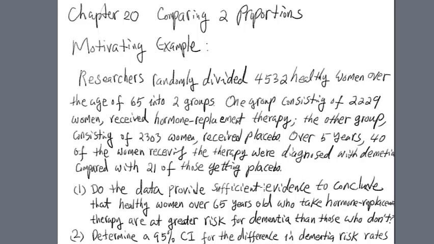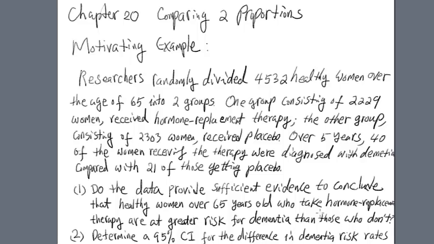The other group consisting of 2,303 women received placebo. Over 5 years, 40 of the women receiving the therapy were diagnosed with dementia, compared with 21 of those getting placebo.